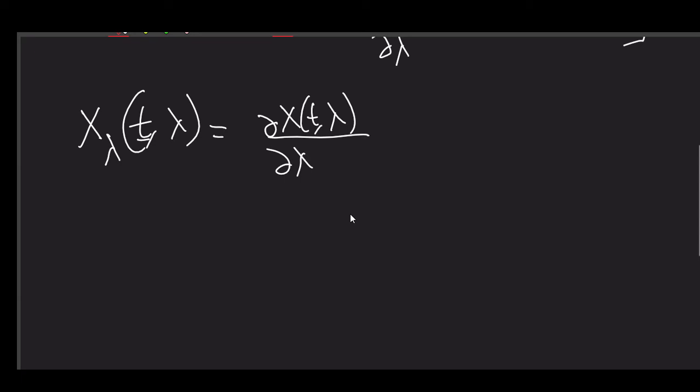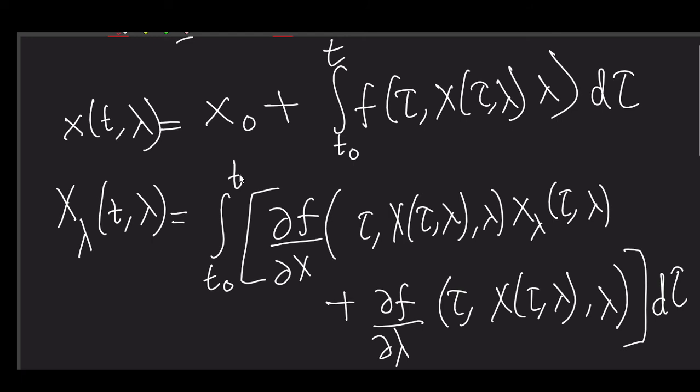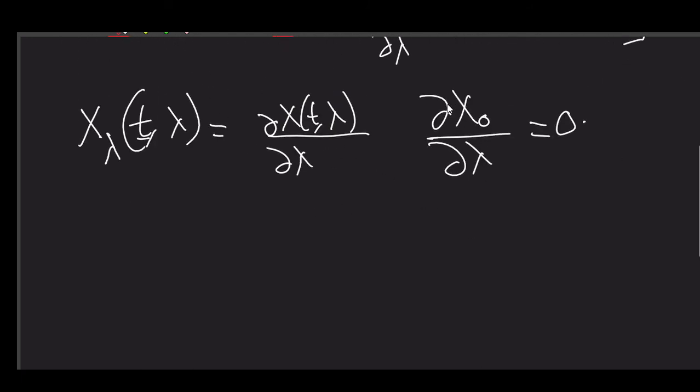And obviously, being a fixed point, x naught, we have assumed that x naught is independent of lambda. Although our diagram, the tube shape I drew, needs to be changed, since all these lines can be drawn from a single point, it cannot be that cylindrical tube any further.